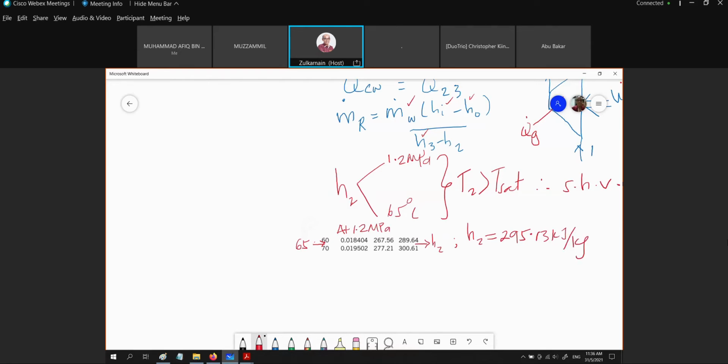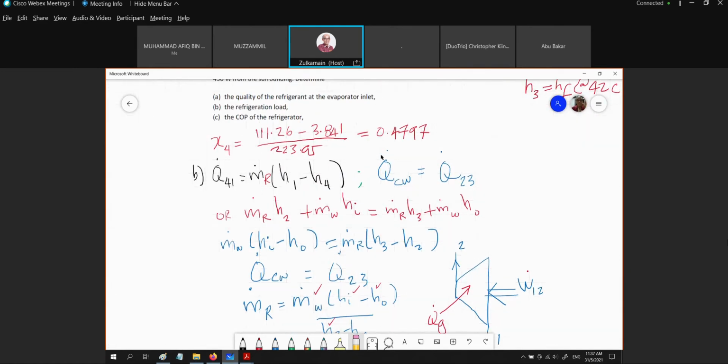Okay, now get your envelope out. Before that, we need to find what is HI and H naught. We can find the temperature for the cooling water.